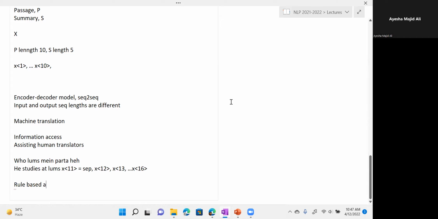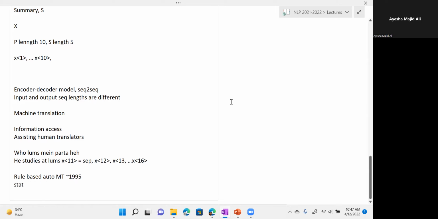So since 1995 till about 2010, statistical, or you can say even machine learning based machine translation became popular. So statistical machine translation became popular from 1995 to around 2010. So this was the most popular way of doing machine translation.